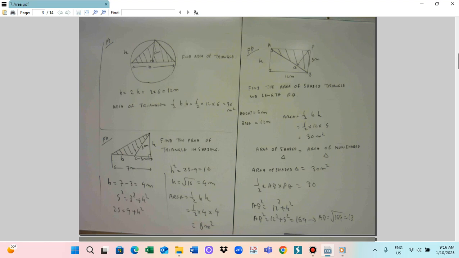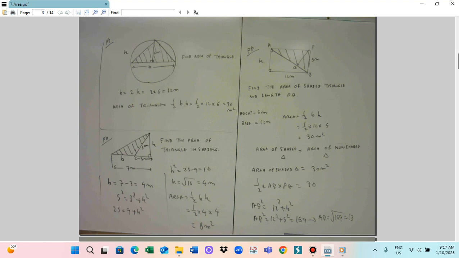Okay, so this area of the shaded triangle you can also calculate. In this case, the base will be here. This base multiplied PQ. So this is the base, the AB. So the area of shaded triangle is half multiplied AB multiplied PQ. So this is 30. You want to find PQ, so firstly you need to find the AB. So how to find the AB?